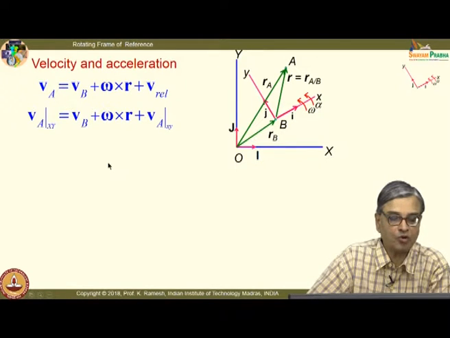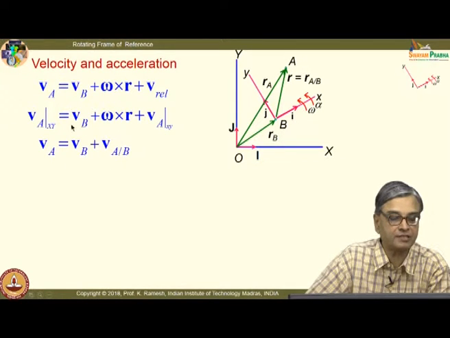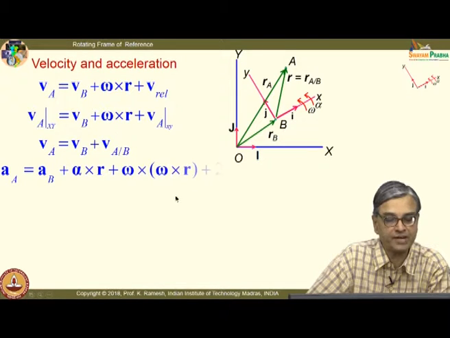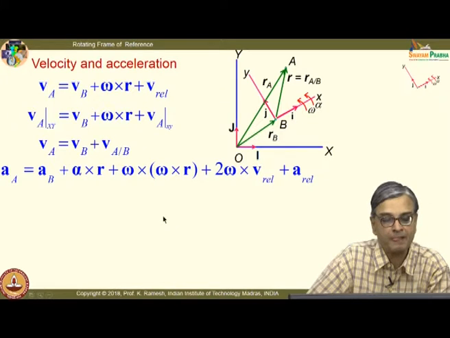And I can also go back to the basic relative velocity expression, V_A equal to V_B plus V_A/B. So, V_A/B has two terms like what is shown there. We have also looked at how to differentiate when I have a fixed frame of reference and a rotating frame of reference. We have got the expression for the acceleration.